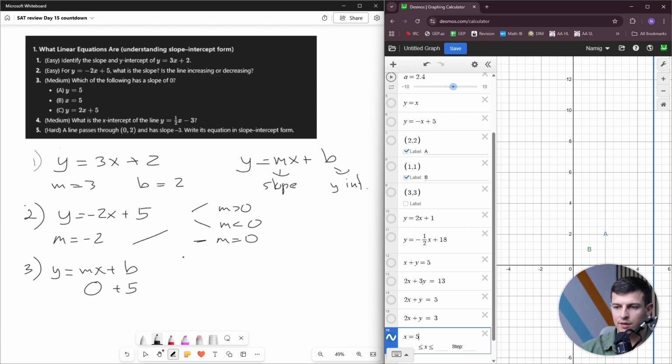Now, we didn't really talk about this one, but when we have a vertical line like this, the slope is undefined. There is no slope.